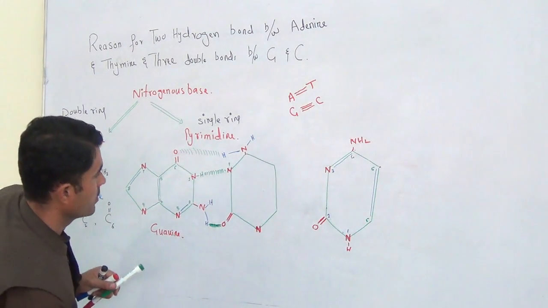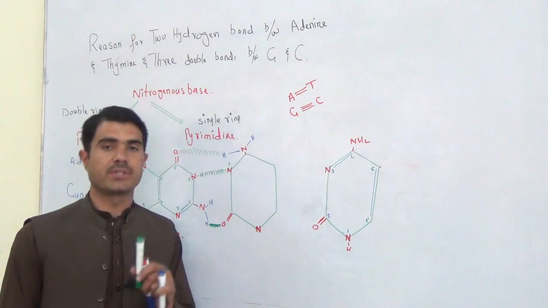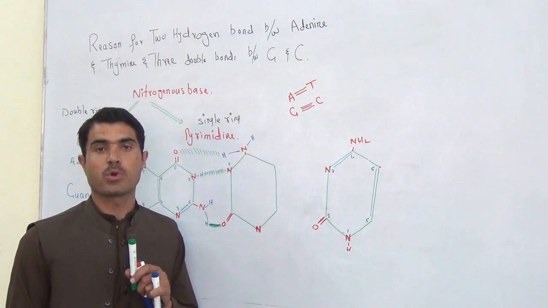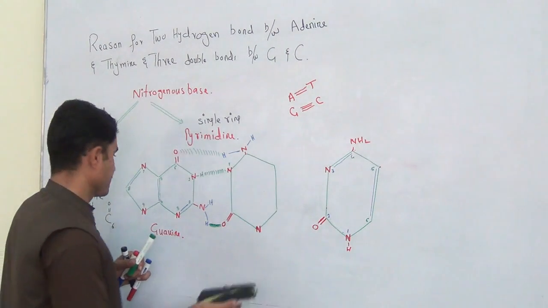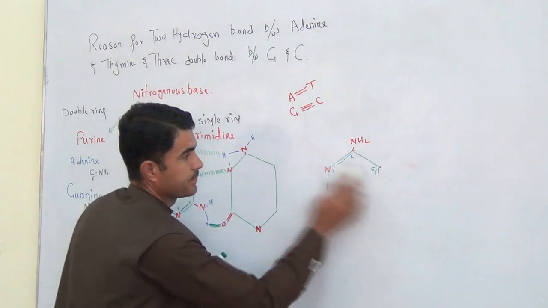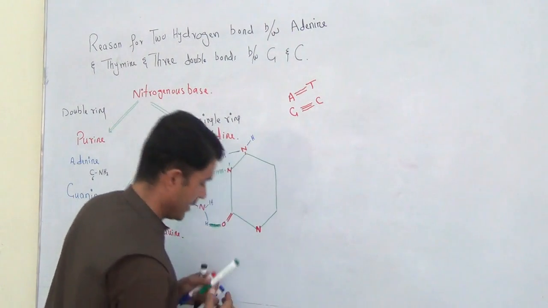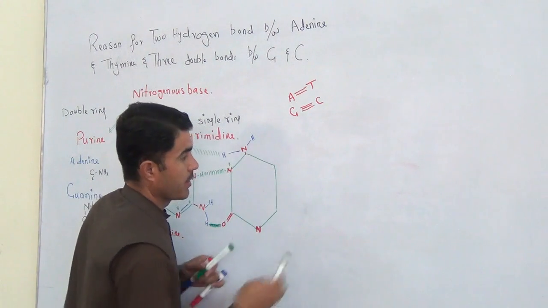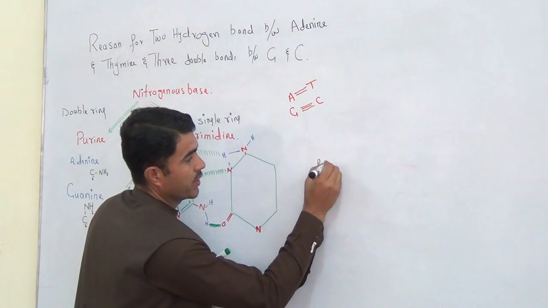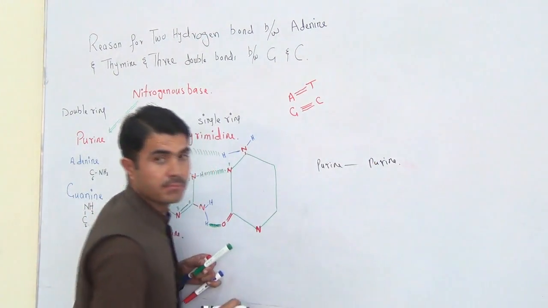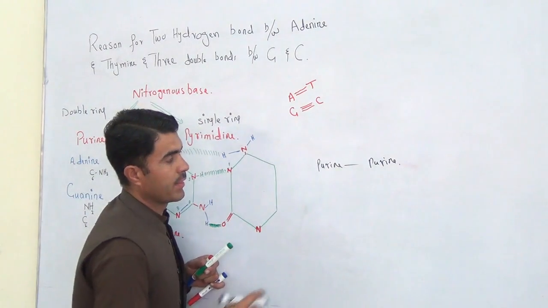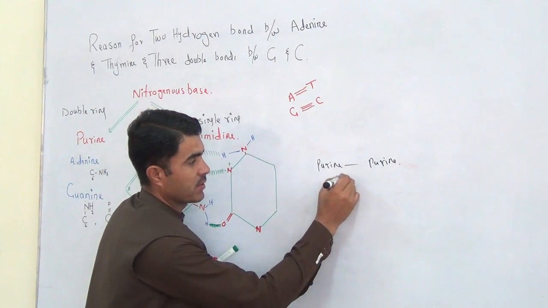I got 2 reasons from the book of Satyanarayan. If we attach purine with purine, there will be a space problem.